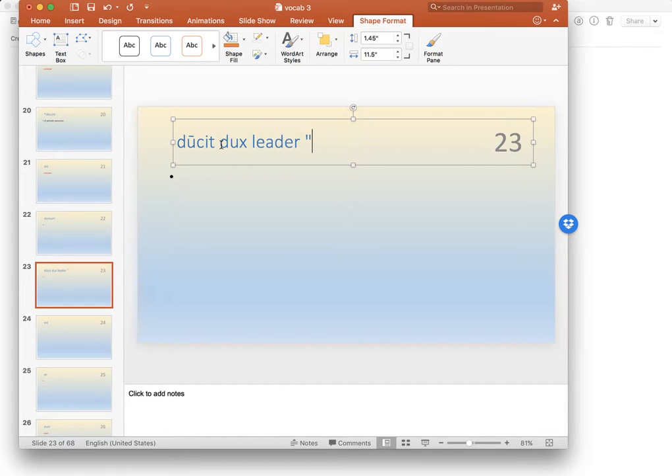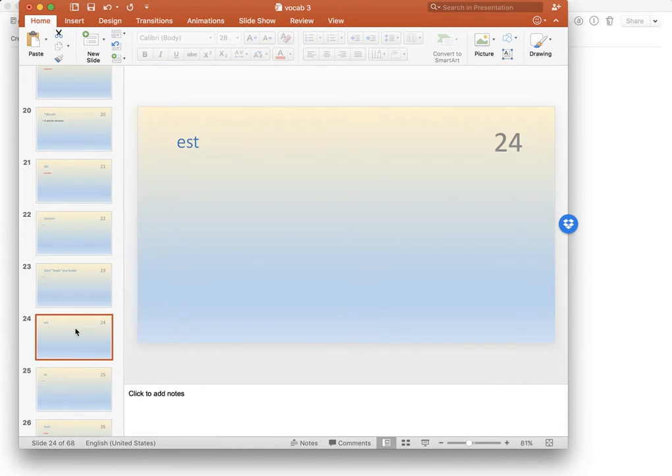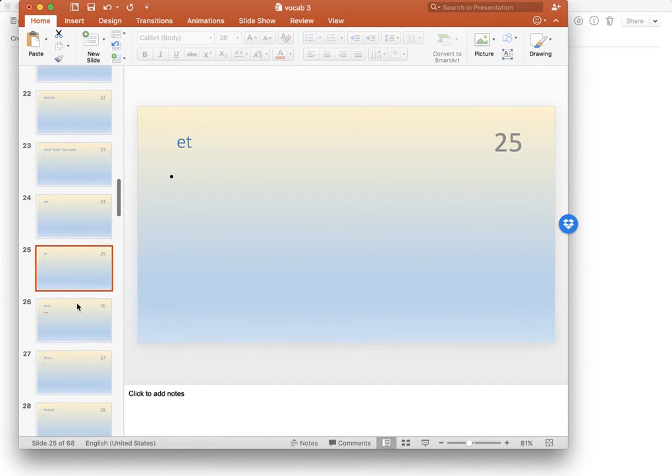Leader, the verb is leads. Est means is. Et means and. Eum means him. The opposite would be eam, her. So with a U, it's him. With an A, it's her.